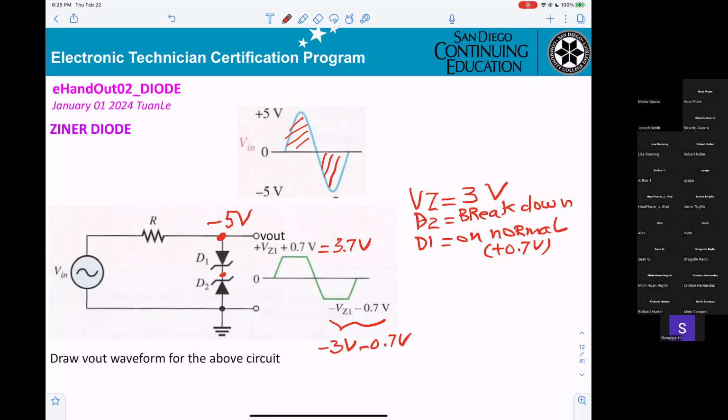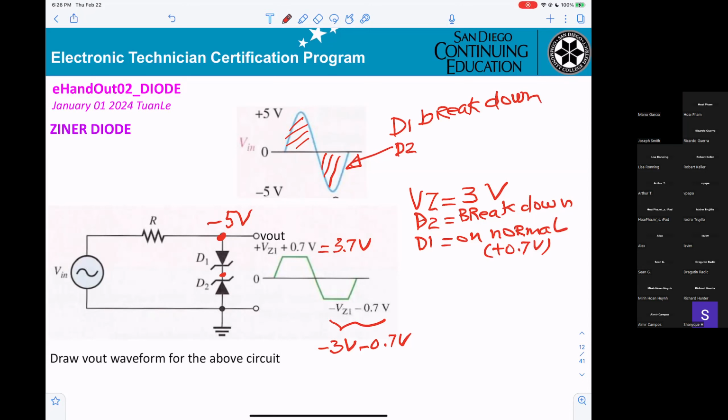Let's see. D2 breakdown. Now D1 breakdown. Okay? On the negative here. D1 breakdown. And D2 on normal.